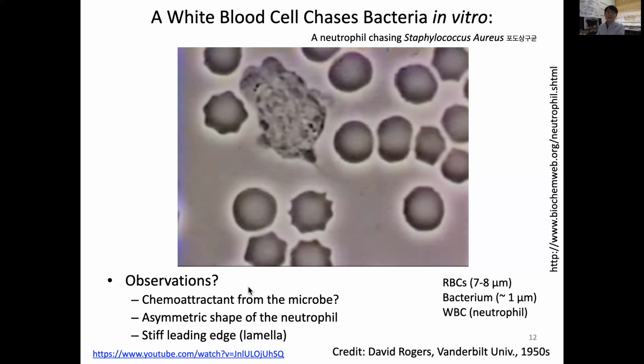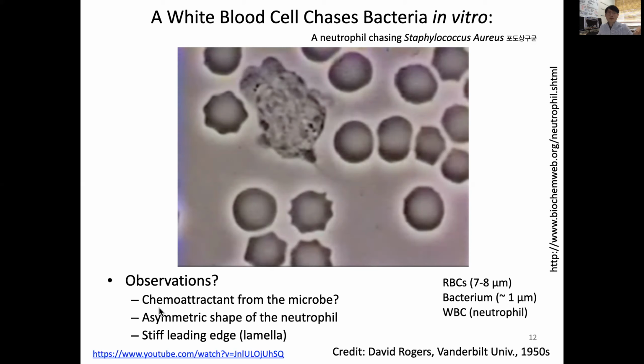So what can we see from this movie? First of all, this white blood cell somehow neglects the red blood cells around, but only seeks that bacterium, which is actively swimming inside this pool. So there must be something which signals the bacterium to the white blood cell.